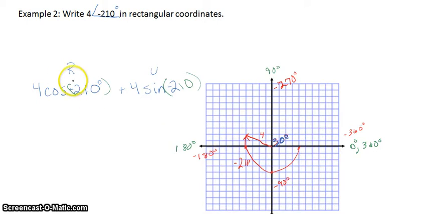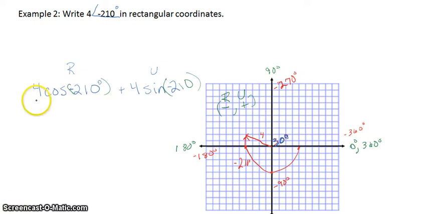Okay, so you could use 30 here, but you would have to watch and make sure that you got your signs correct. So since this is in the second quadrant, we know this is going to be a negative, positive. So R will be negative and U will be positive.